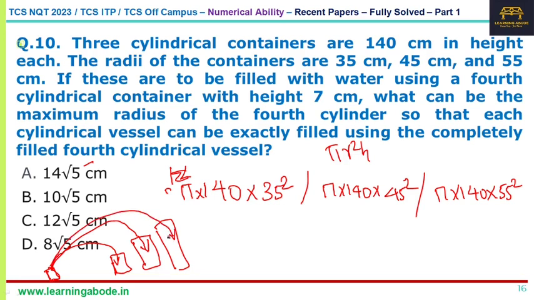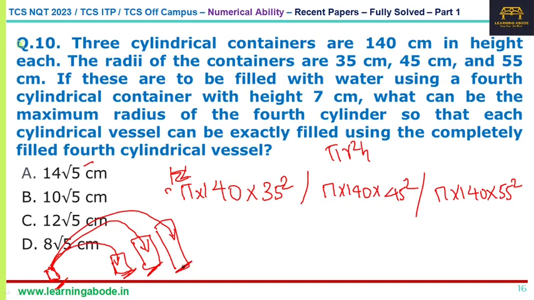The number of times may be different, but every time you fill, the fourth container should be full of water, and after x times the first container should be completely filled, after y times the second, and after z times the third.